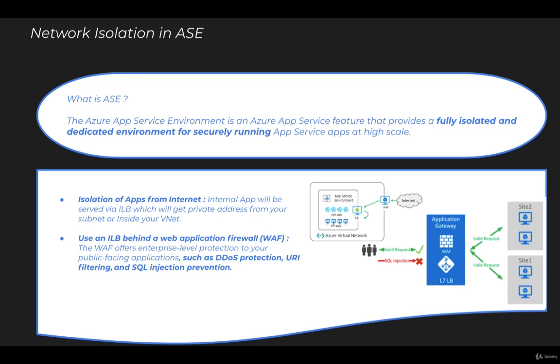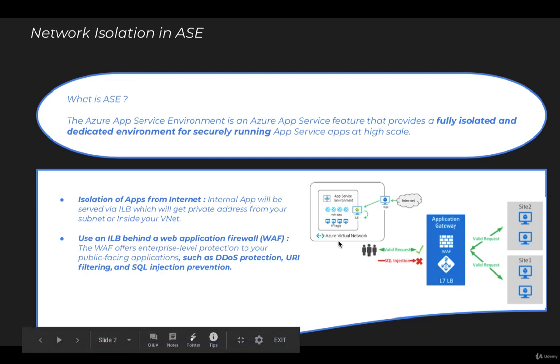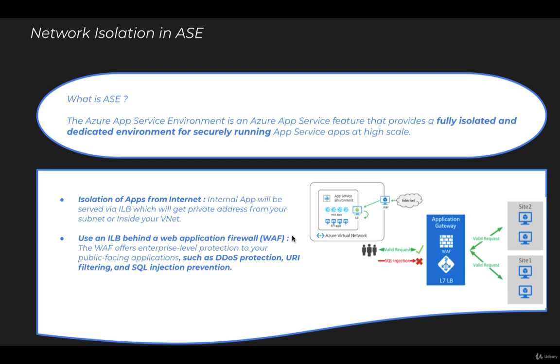Whenever we use App Service in Azure normally, we get shared resources like a shared load balancer, and we will not be able to use NSG features to control the inbound and outbound traffic. When you deploy your Azure app within the virtual network or a subnet, you can apply the NSG, control the inbound and outbound traffic, and get complete isolation of apps from the internet.